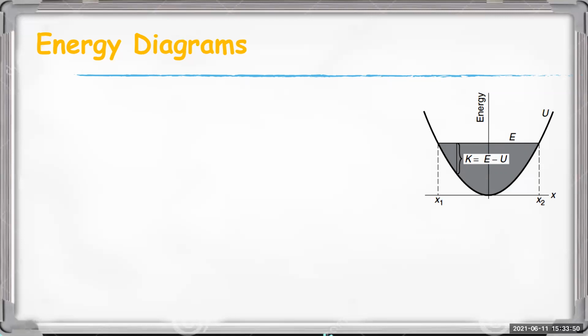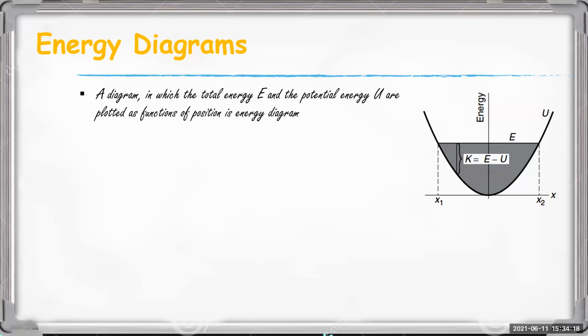Here in this figure, the potential energy as well as the total energy is represented as a function of x, or as a function of position. This is called the energy diagram. So the energy diagram is a diagram in which the total energy E and the potential energy U are plotted as a function of position.